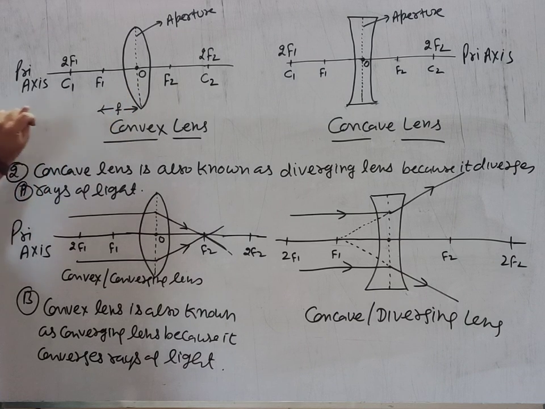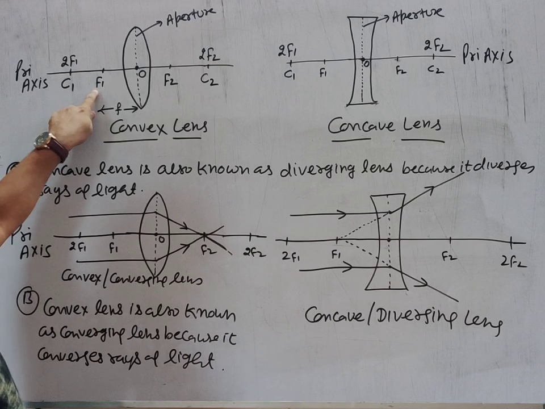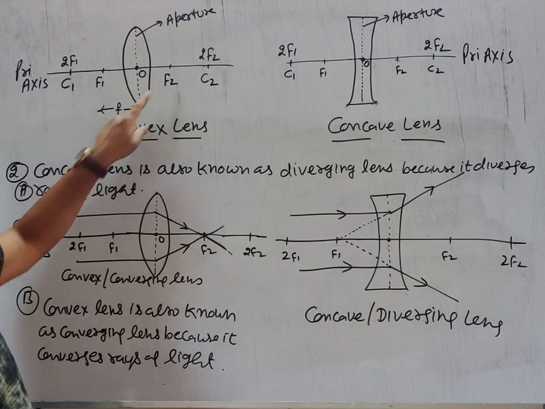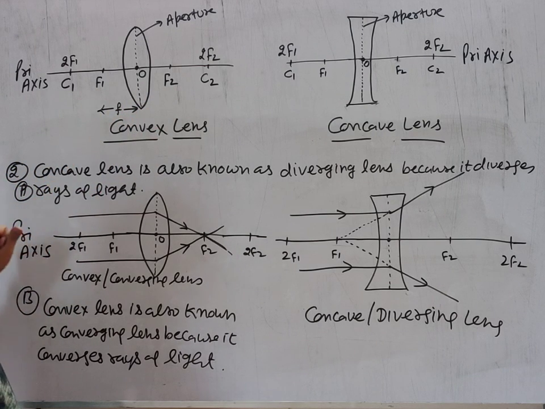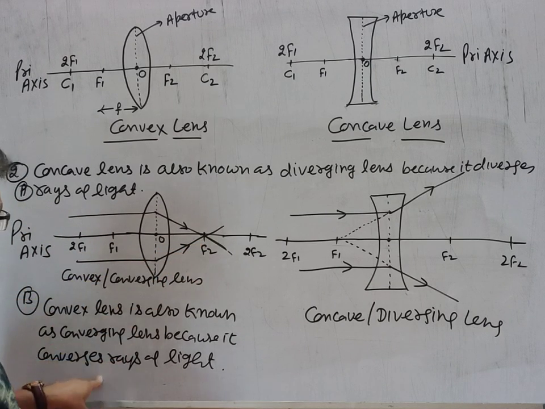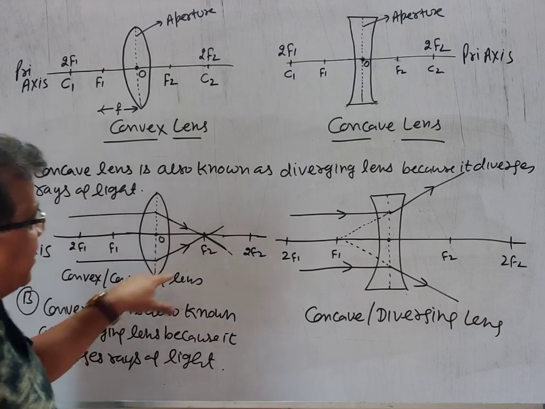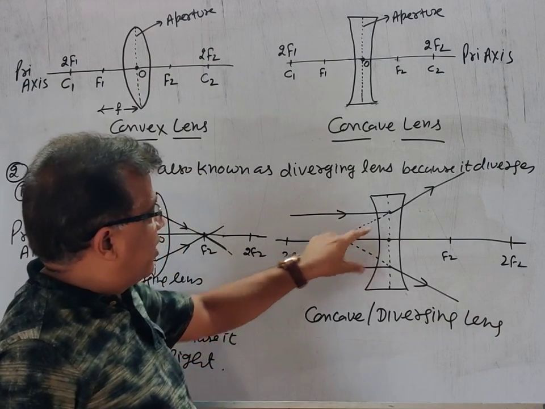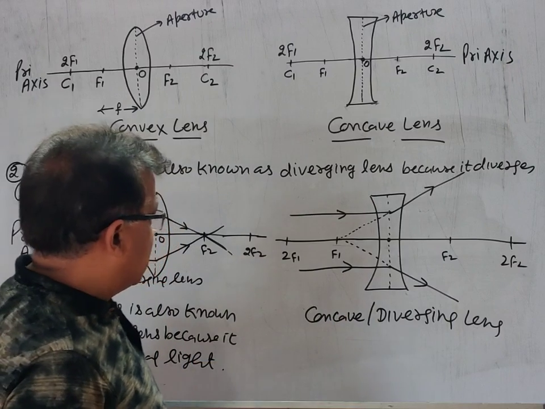Optical center, center of the lens, aperture through which refraction occurs, it is considered a straight line. Principal focus, point on the principal axis where incident ray converges after refraction in case of convex lens, and diverges after refraction in case of concave lens.